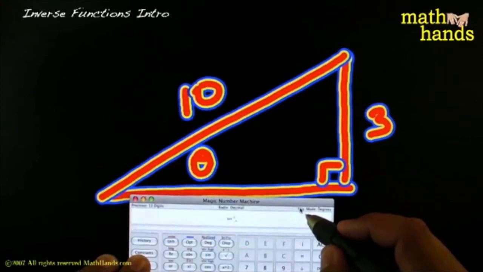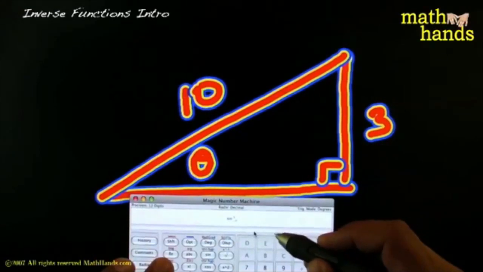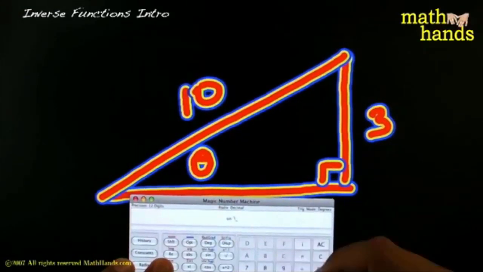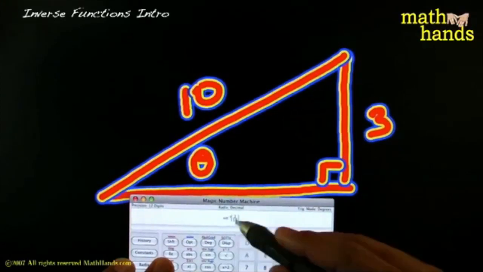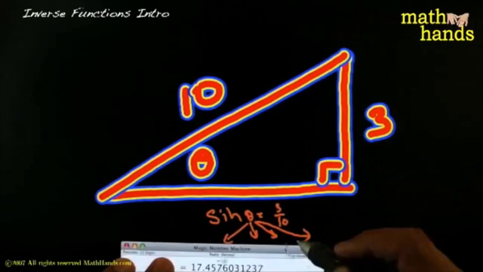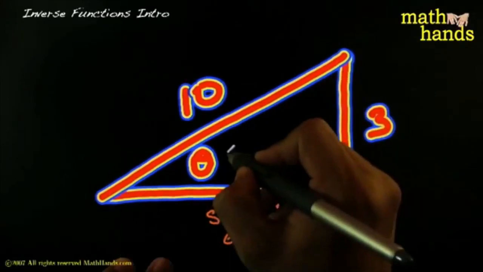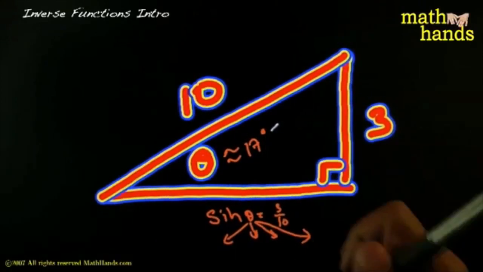That gives me the arc sine function, or the inverse sine function. I'll open a parenthesis and go 3 divided by 10, and close the parentheses. And, whoa, 17 degrees approximately. So therefore theta is approximately 17 degrees. See how easy that is?